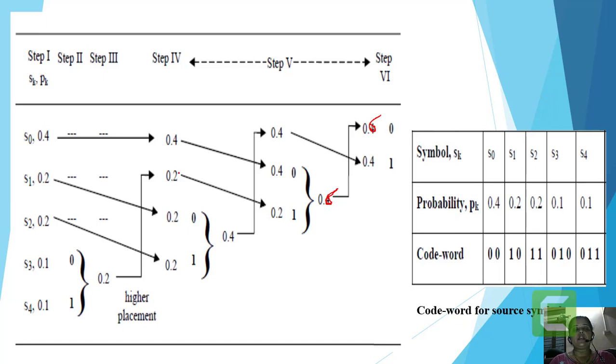Instead of that, if I use the lower placement, that means in the fourth step 0.4 will be present, but this combined probability we will take after this 0.2 and this 0.2, which are originally of equal probability. In subsequent steps also, if equal probability occurs, we use the lower placement.